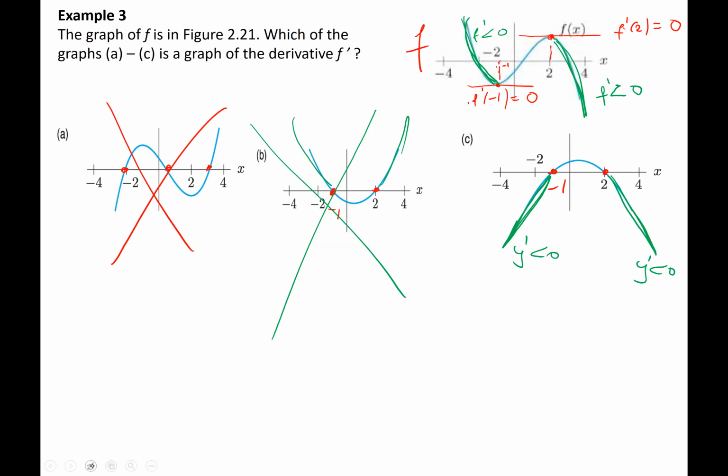And if the function is increasing, the derivative is positive. That means it's above the x-axis. We can also investigate the slope, right? Because you will probably think, why do I know that that's the shape? But we can see that the slope is like that.